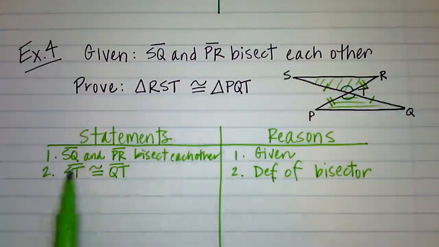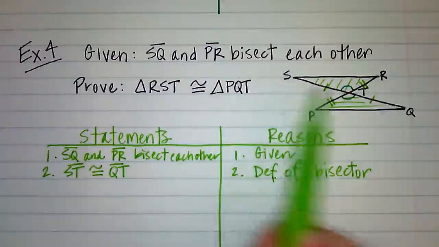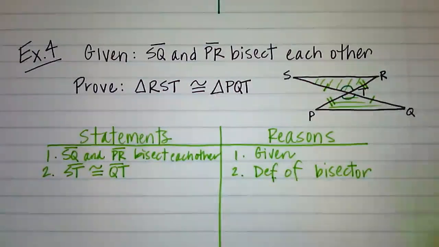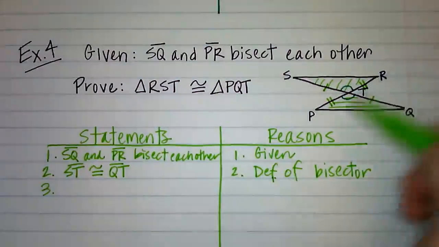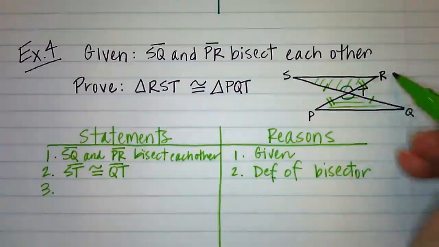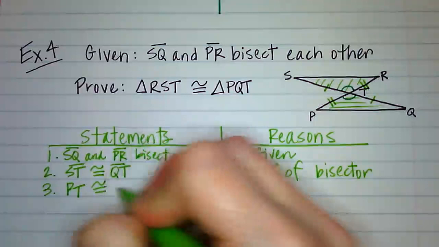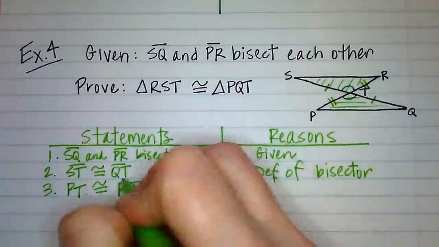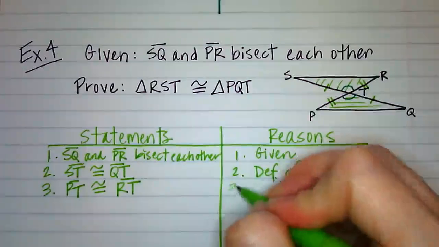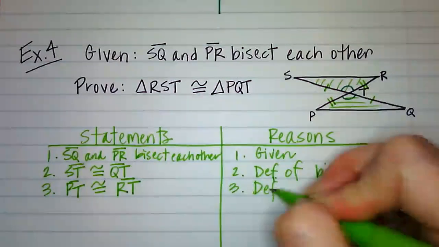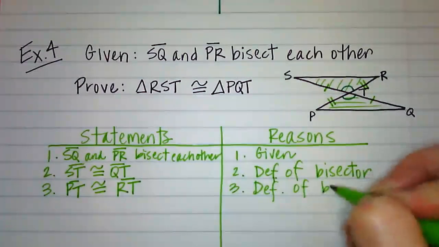All right, so since they bisect each other, we know that ST is congruent to QT. Another thing that we know is that PT is congruent to RT. So PT is congruent to RT. And that, again, is definition of bisector.